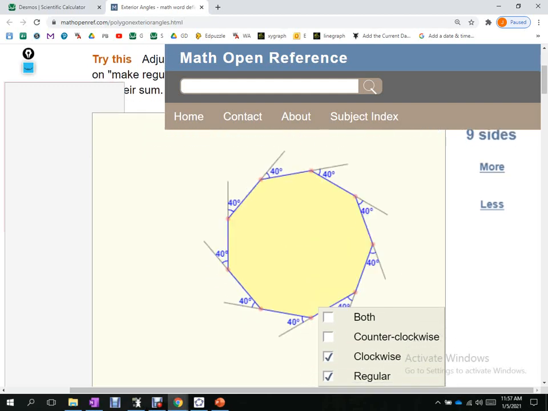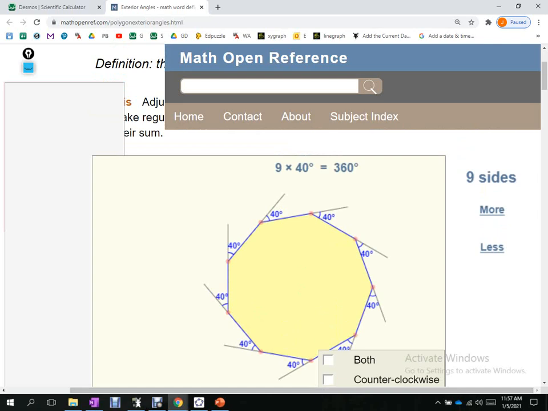We like to, a lot of times, talk about regular polygons. Okay, so if I do that, we've got 9 sides. If you remember, that was called a nonagon yesterday. We keep adding sides.